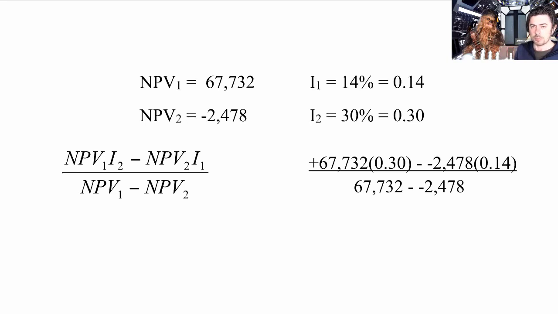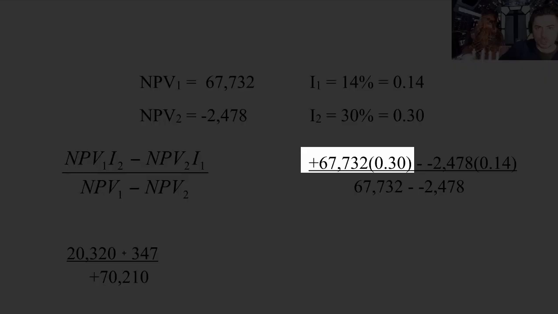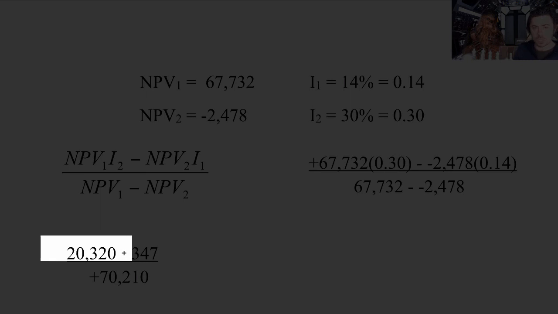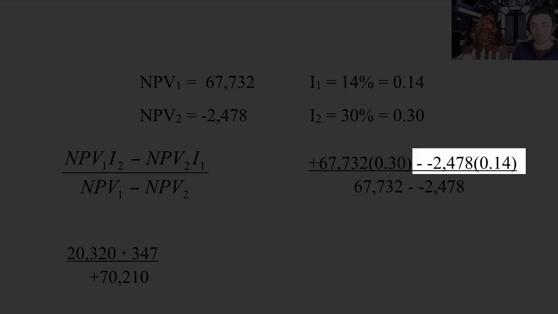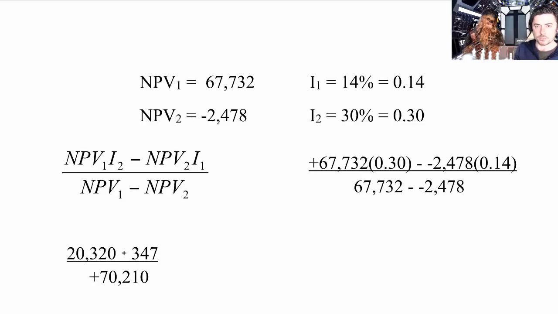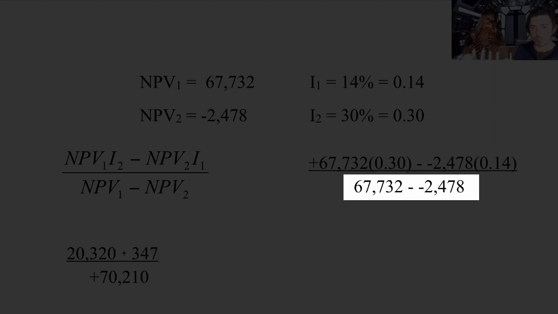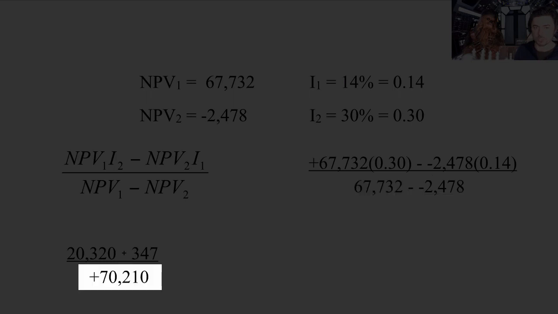But notice the basic mathematical rule, minus by a minus is a plus. So when we do that here, 67,732 by 0.3 gives you your 20,320. Then 2478 by 0.14 gives us a 347. Basic rule there: minus by minus is a plus. So I should have a plus 347. So I had a 67,732 plus my 2478, which gives us a plus 70,210.